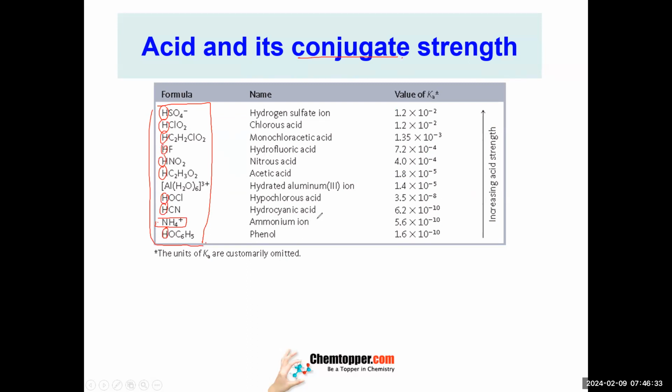Second way, that their Ka values are given. So what is Ka? What's the full form of Ka, children? It's an equilibrium constant, but this one is for acid. So it is called acid dissociation constant.